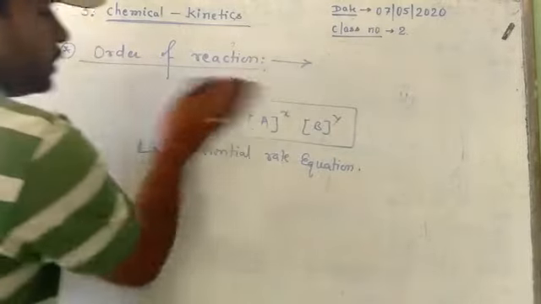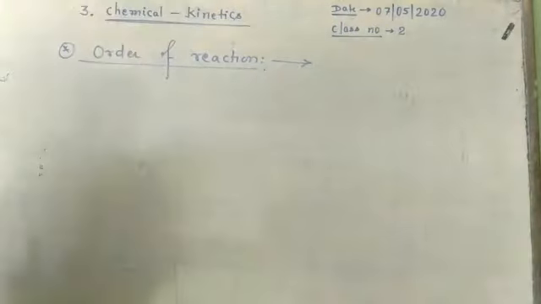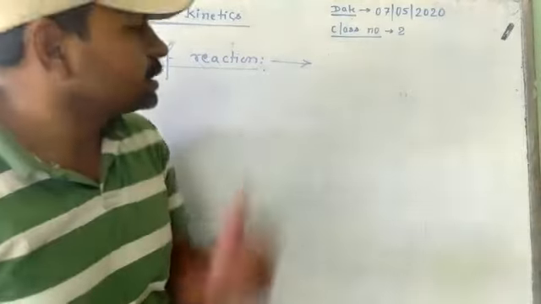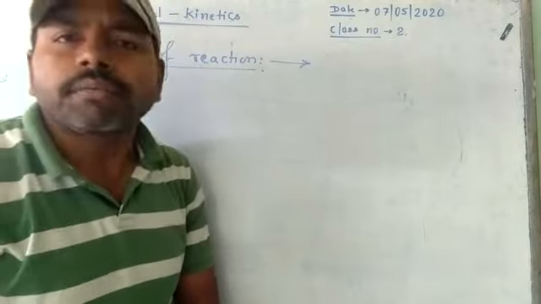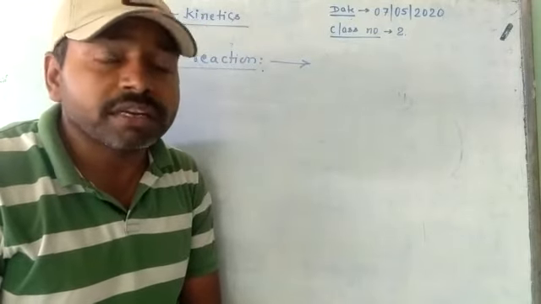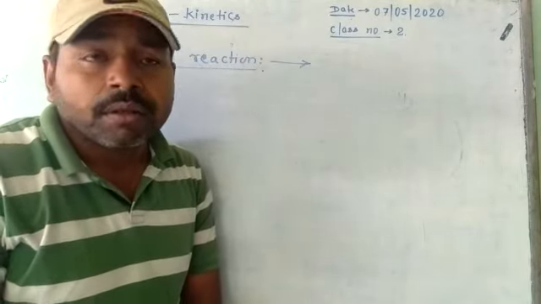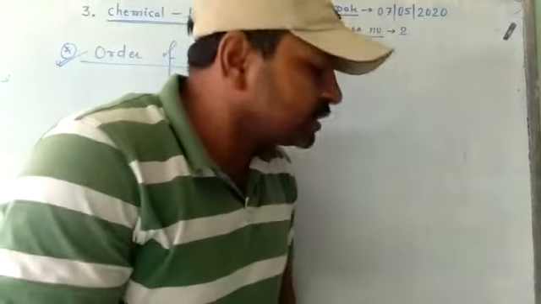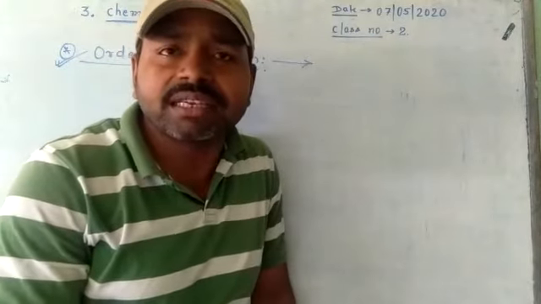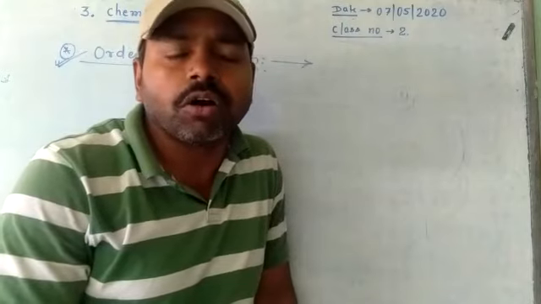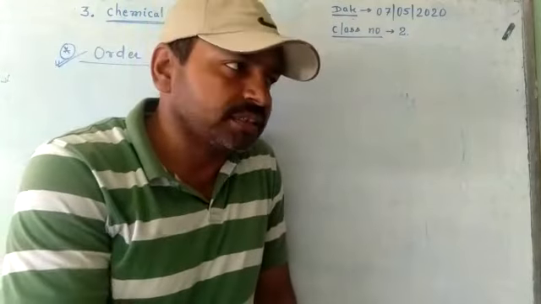Students, there are three important points which lie in order of reaction. First of all, its definition: the sum of power raised in differential rate law is called order of reaction.